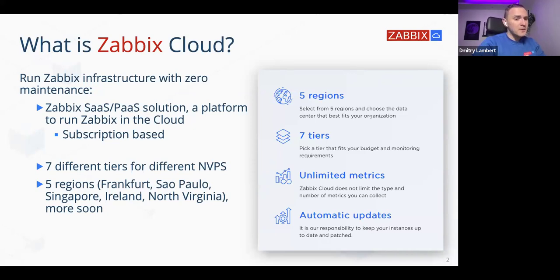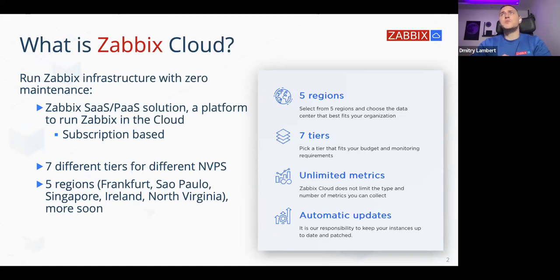That is a metric calculated based on the number of metrics that you want to monitor. By metrics, we mean CPU utilization, memory utilization, free disk space, incoming traffic, outgoing traffic, availability of MySQL. Each of those is a separate metric. Then we need to know the update interval, how frequently you want to receive this data.